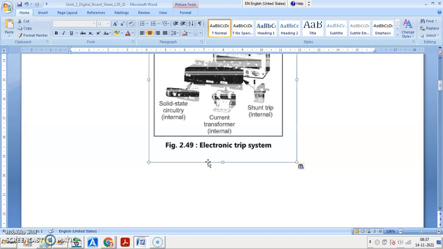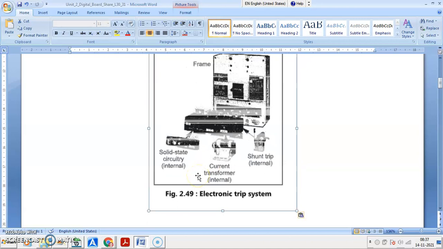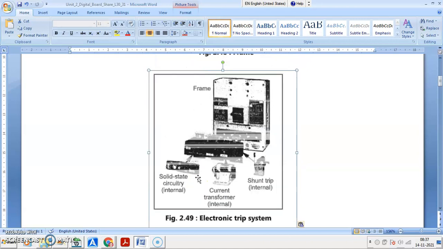Then short circuit condition. Usually when a fault occurs, if the fault is line to ground or phase to ground, this is the most common type of fault for low voltage systems, below 400 volt or 230 volt. So the circuit breaker is associated with ground fault protection.